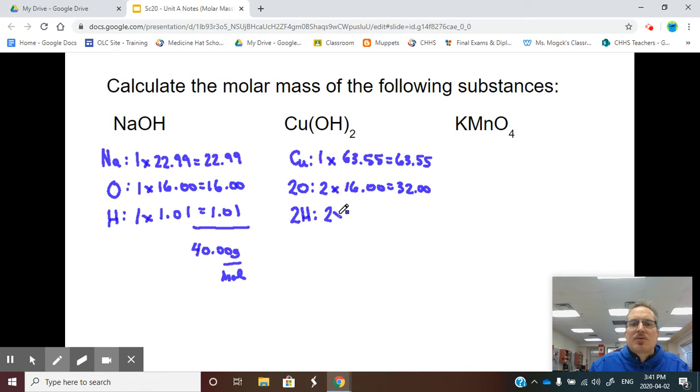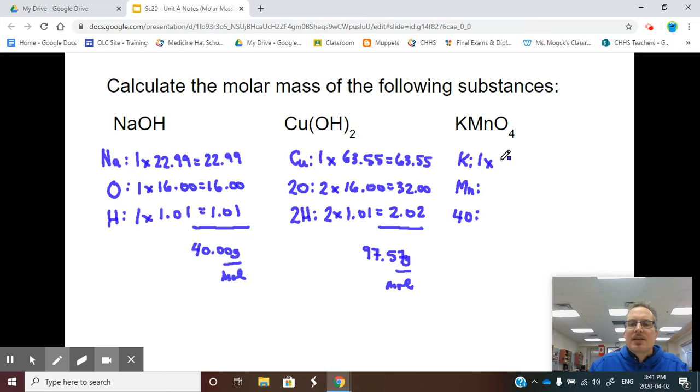And we have 2 hydrogens at 1.01 each for 2.02. When we add all this together, it's going to add up to 97.57 grams per mole.